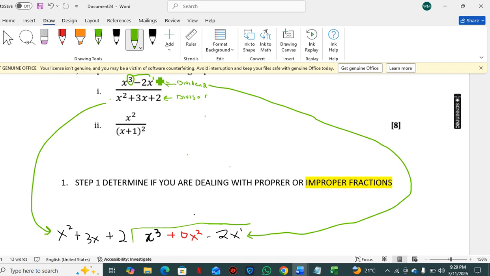So you need to include that one which has been skipped inside here so that you can do the process smoothly. Because if you miss these steps, when you start the process, there will be a point where you cannot subtract anymore. You will be stuck. So you always need to remember this step.